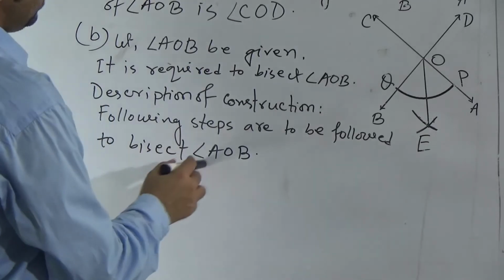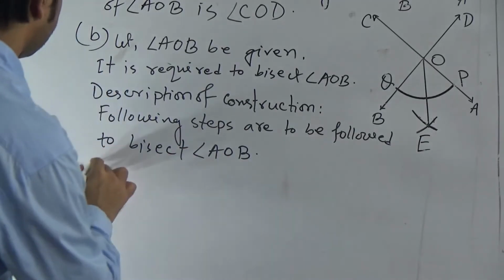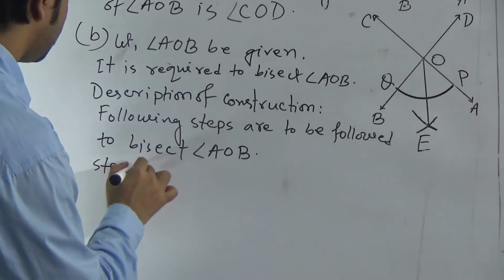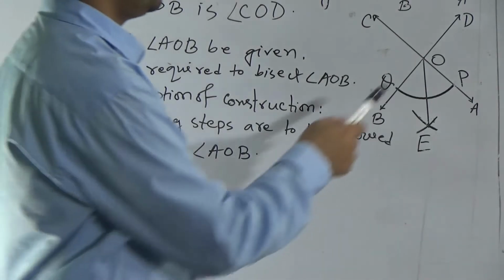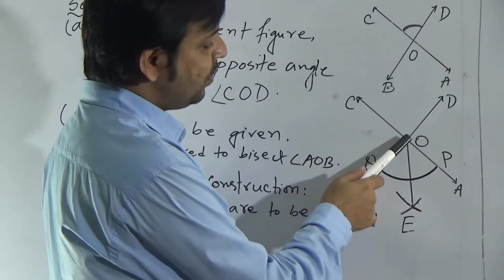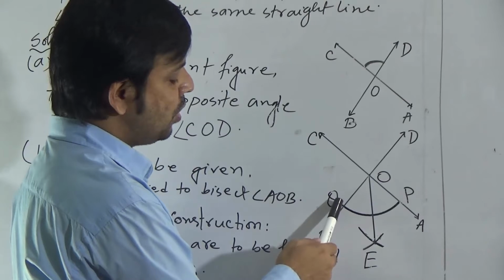Step 1. What is step 1? At first, we have taken O as center and drawn an arc.